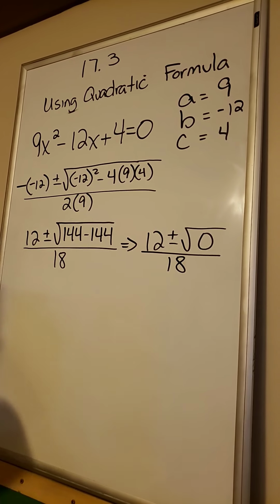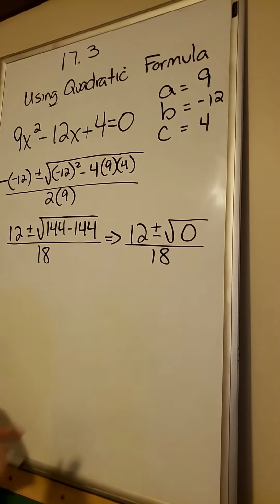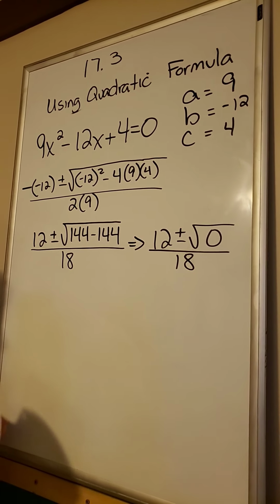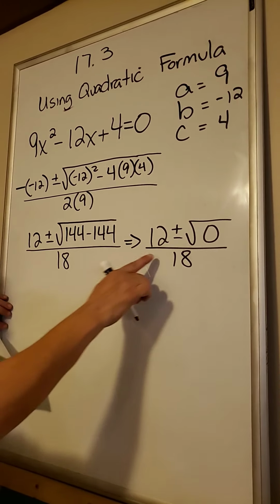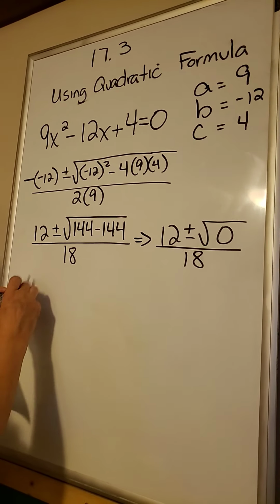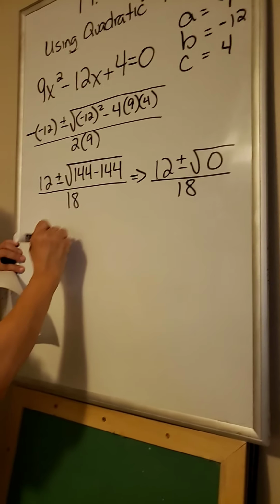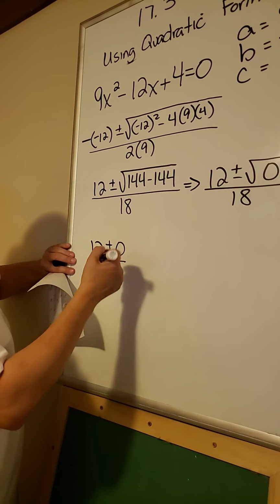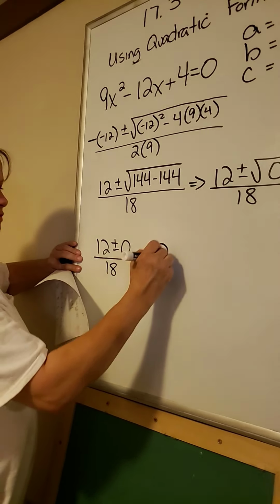Now, you might have gotten there and gone, crap, what do I do? Put it in your calculator if you're not sure. The square root of 0 is 0. So that left you with 12 plus or minus 0 over 18. 12 plus or minus 0 is 12 over 18.